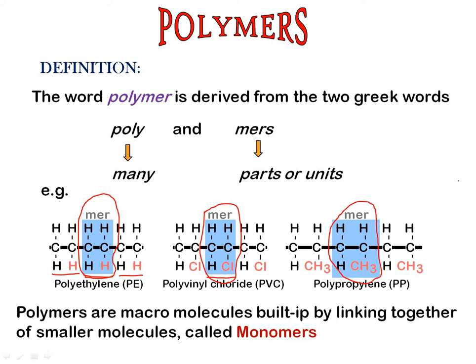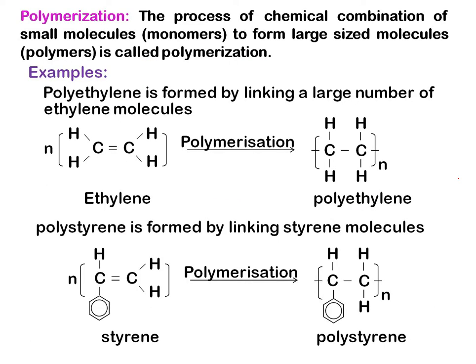So these are the repeating units which are called mer. Now one more time we define the polymer. A polymer is a macromolecule built up by linking together of small molecules called monomers. The repeating unit in the polymer is called a mer.